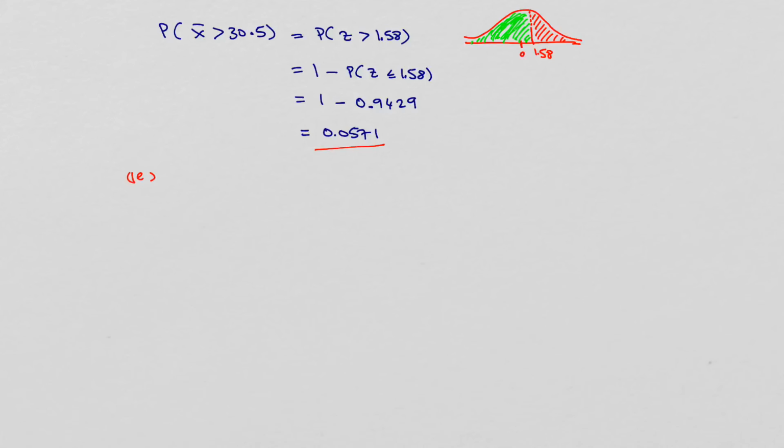So what this means is that the probability that the sample mean is greater than 30.5 is 0.0571. So that's quite a low probability.